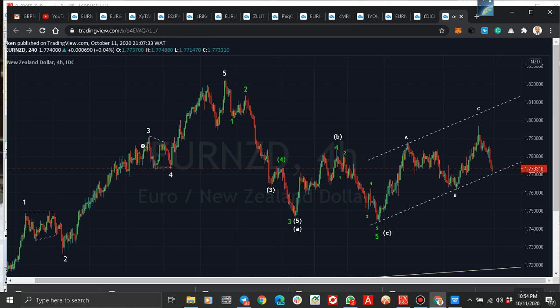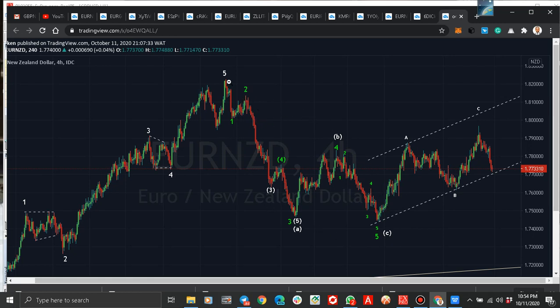You can see 1, 2, 3, 4, 5, and what is happening here is a correction. Now we have two options. This very move is either an impulse, or in the case of ABC, this very move is not quite encouraging.